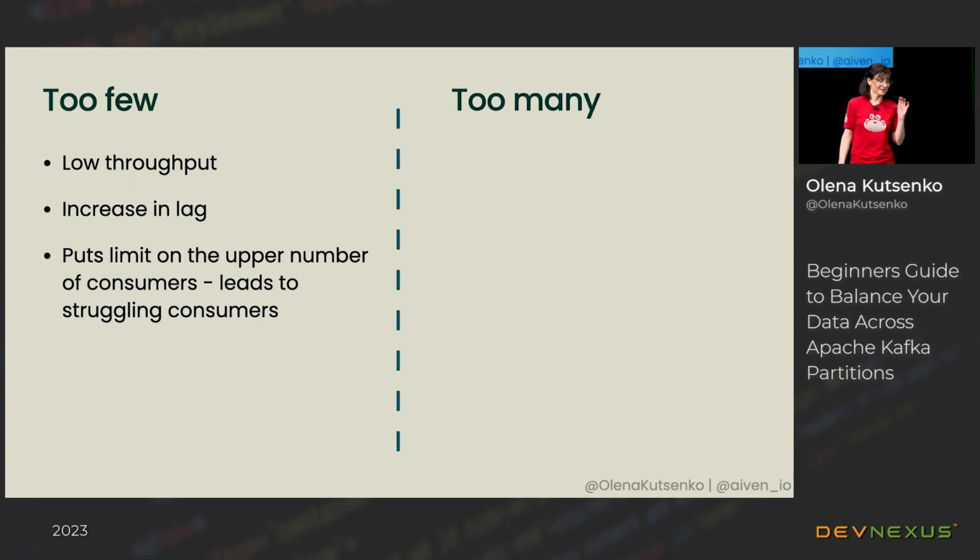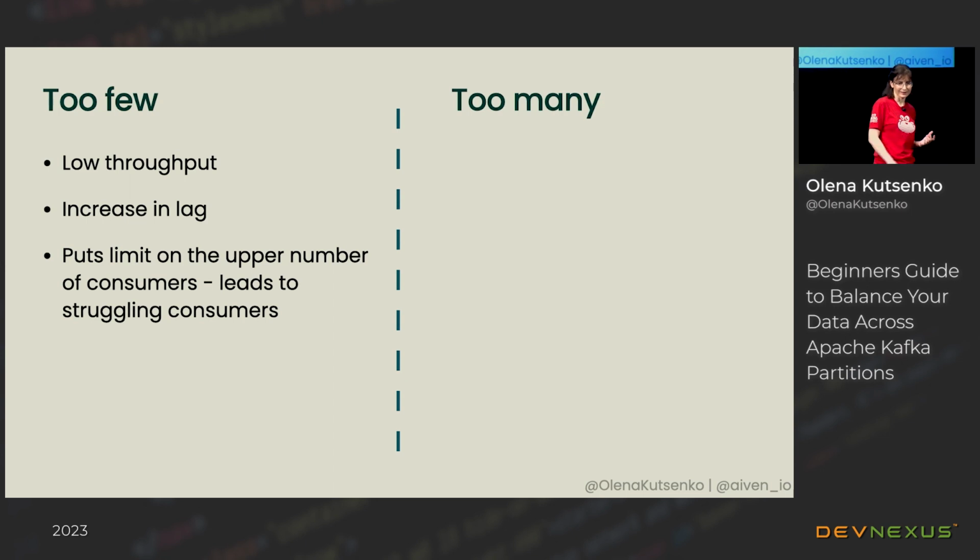The second thing is that you need to remember that the number of consumers in the consumer group is limited by the number of partitions you have in your system. So if you have more consumer instances than partitions, those instances will be idle, they won't do anything.